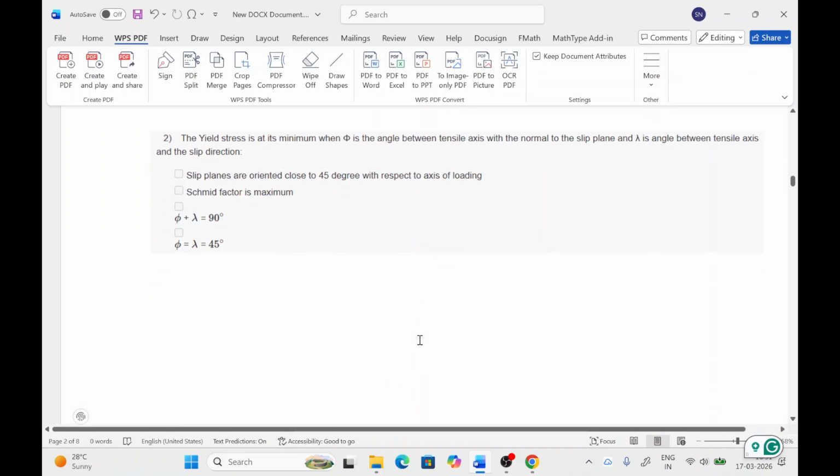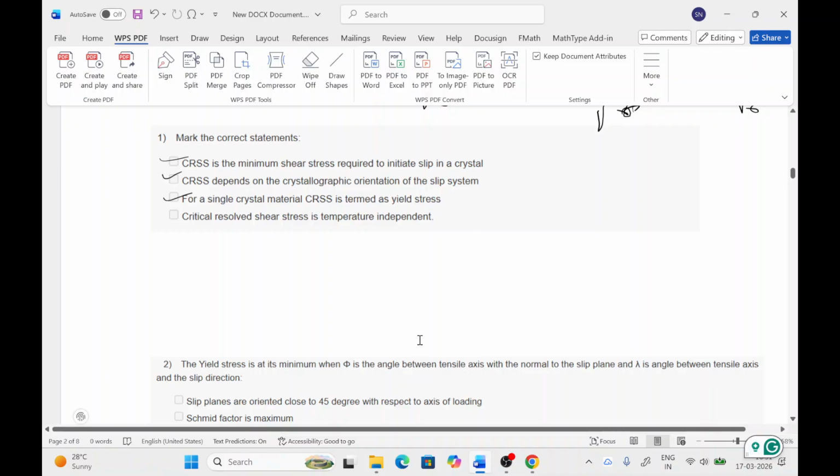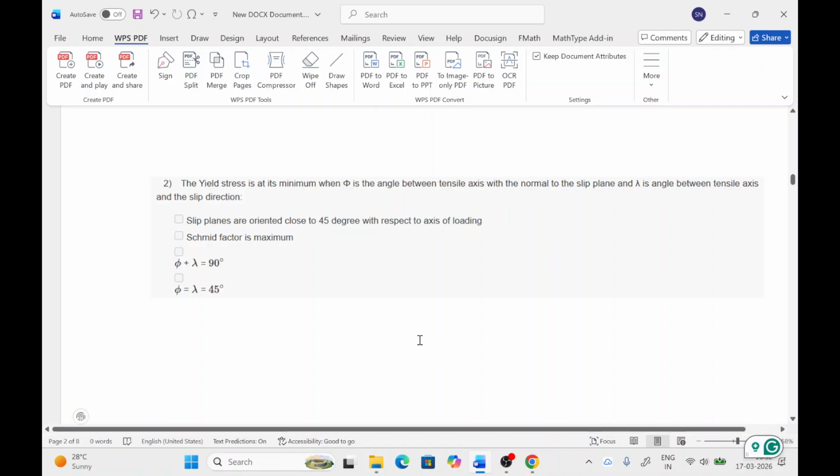The second question says the yield stress is at its minimum when, with phi the angle between the tensile axis and the normal to the slip plane and lambda the angle between the tensile axis and the slip direction, we have to find which option is correct. We discussed that the resolved shear stress depends on the crystallographic orientation.